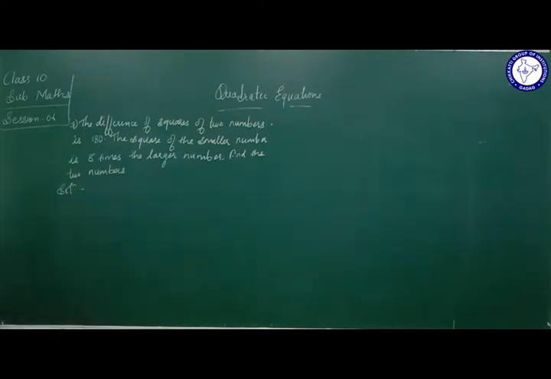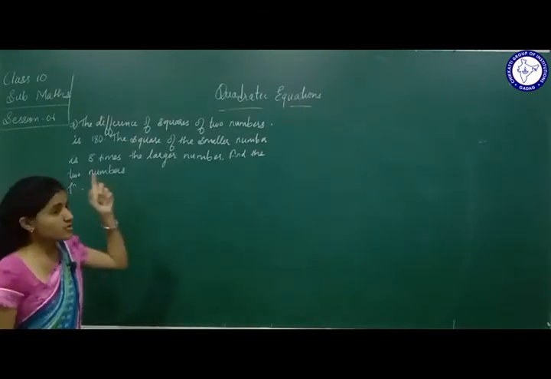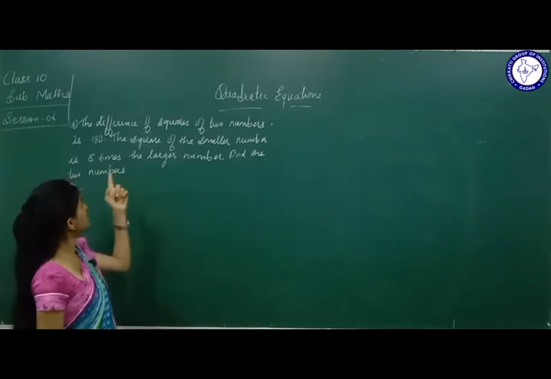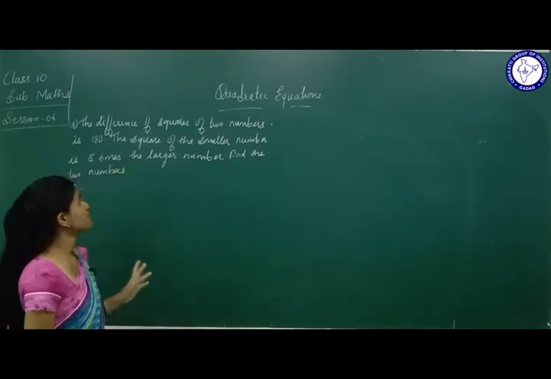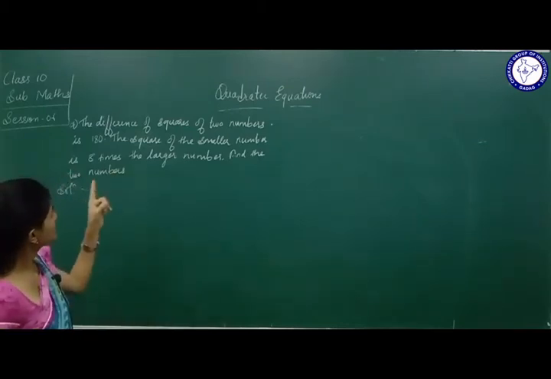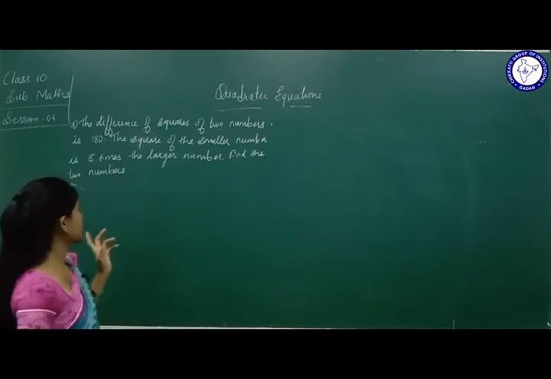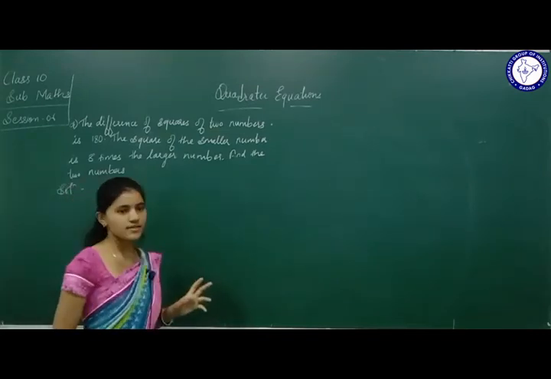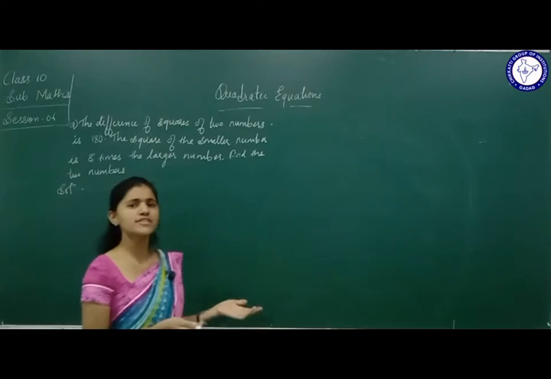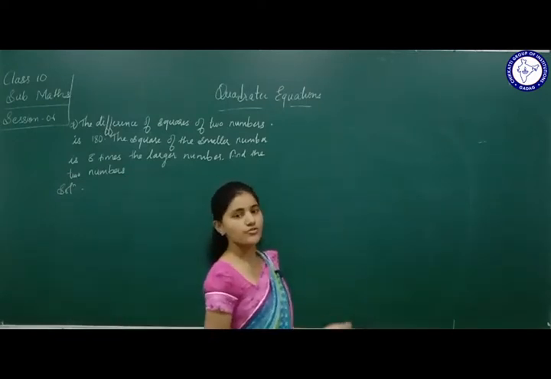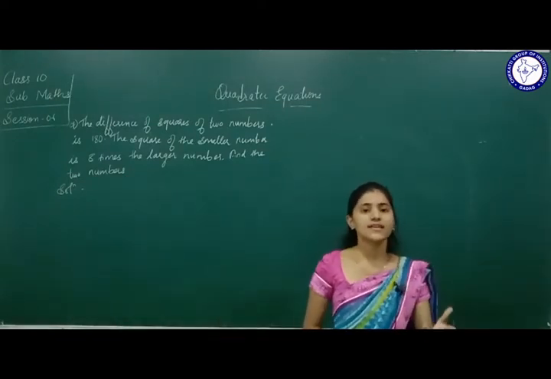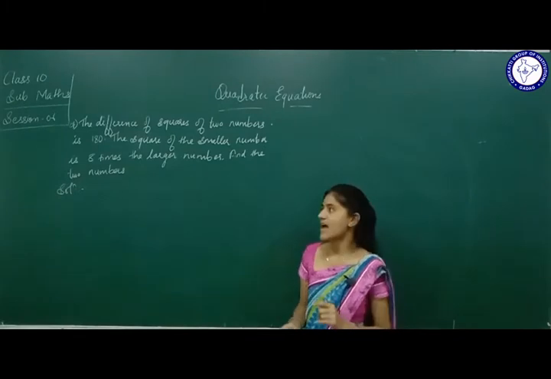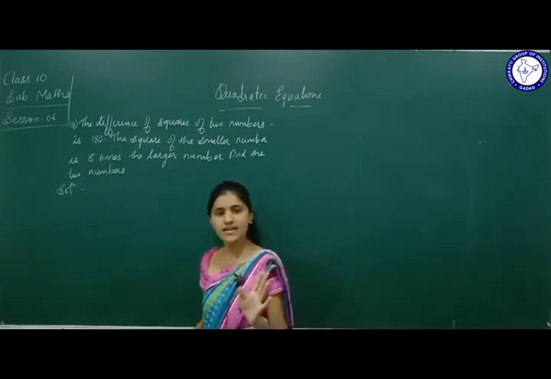What they have given here is the difference of squares of two numbers is 180. They have said that the square of the smaller number is 8 times the larger number. We don't know which are those two numbers. So what we are going to do is consider the smaller number as x and larger number as y.